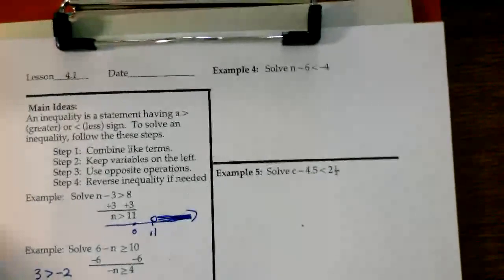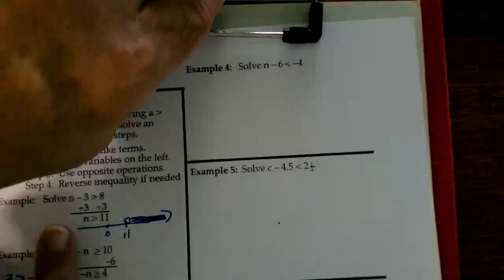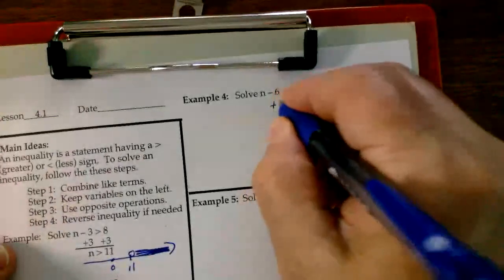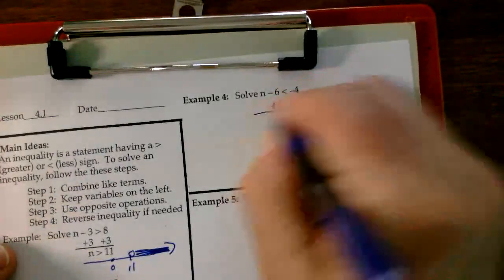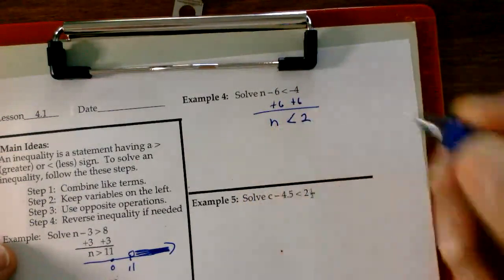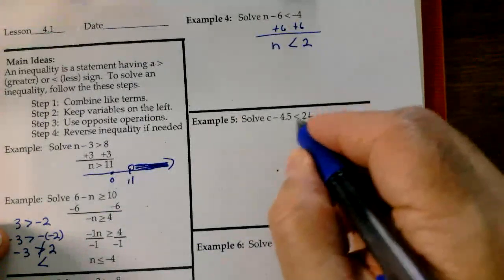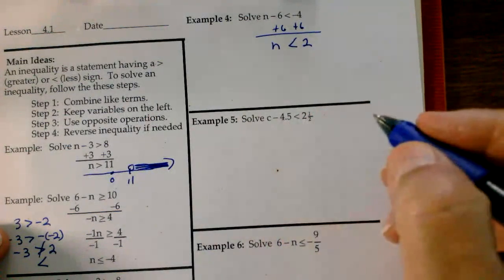We move on to this example here, same idea, more practice over the same thing, pretty much. And so you add 6, and you get n is less than or equal to 2. Same thing here, but notice you have a decimal and a fraction.